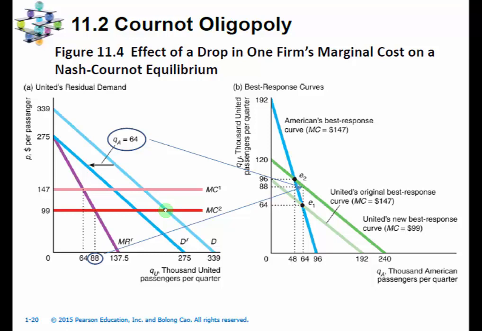And because United Airlines is the monopolist, we know that the marginal revenue curve has twice the slope of the demand curve, so it will hit the quantity at the halfway point of this total quantity. And from 0 to 240, the middle point is 120.